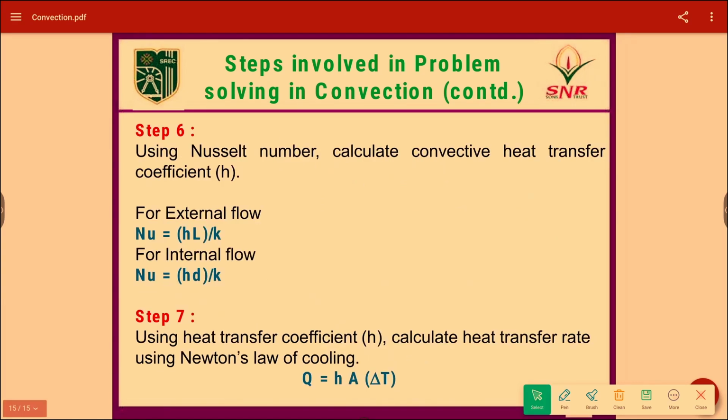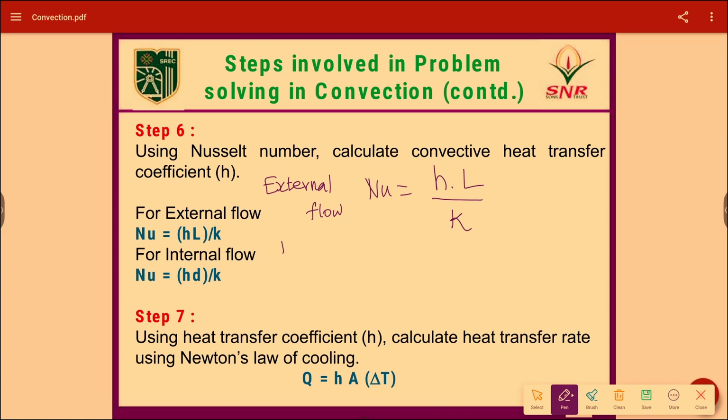The next step is using this Nusselt number to calculate the convective heat transfer coefficient. If it is a case of external flow, the Nusselt number is equal to H into L by K. If the flow is internal, the Nusselt number is given by H D by K. Here H stands for the convective heat transfer coefficient, L stands for the length of the plate, and K stands for the thermal conductivity of the fluid which is flowing.